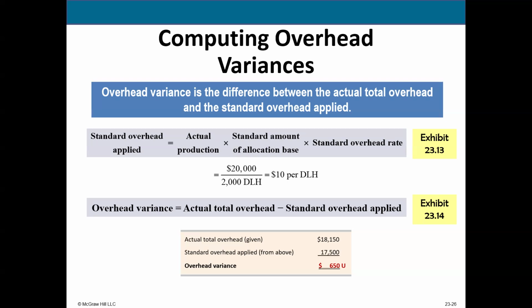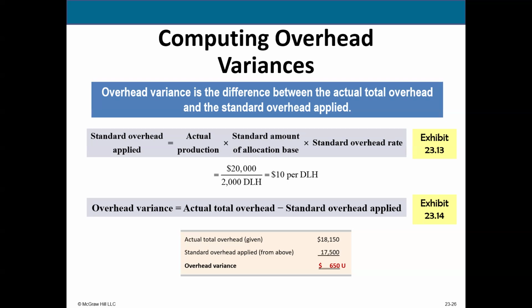To find the standard applied overhead, we take the actual production, which in this case was 3,500 units, times the standard amount of the allocation base, which is half an hour or 0.5 per unit. And then we multiply that by the standard overhead rate we got here of $10 per hour.